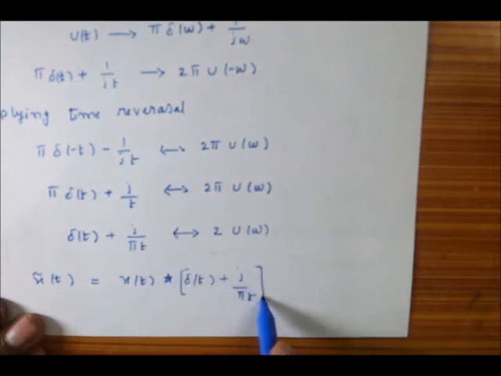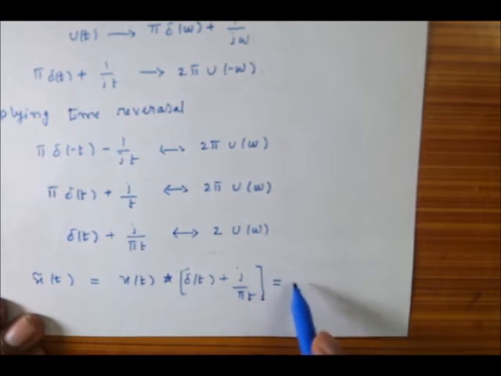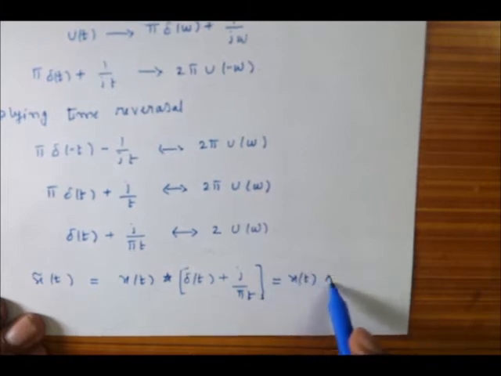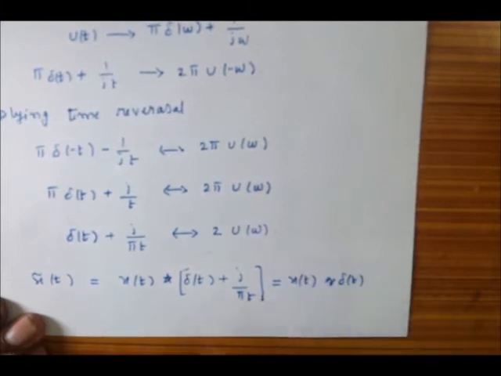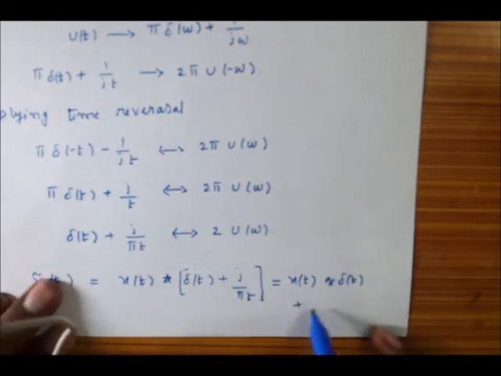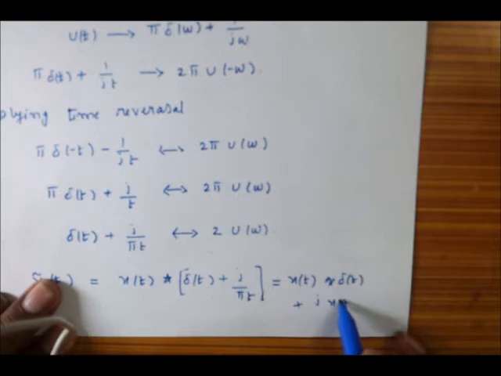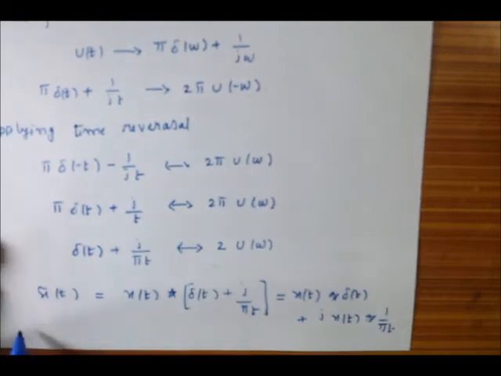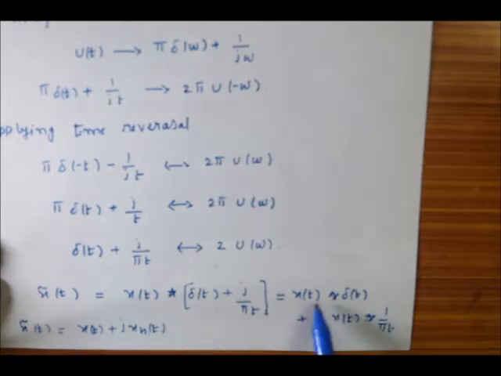If you take the convolution operation inside, this will be x of t star delta of t plus j into x of t star 1 by pi t. So x tilde of t can be written as x of t plus j into xh of t. Why is that? x of t star delta of t is the same as x of t, and I have replaced x of t convolved with 1 by pi t as xh of t.